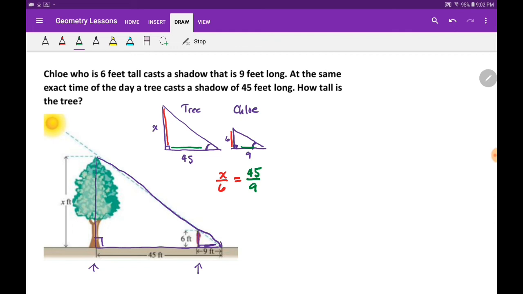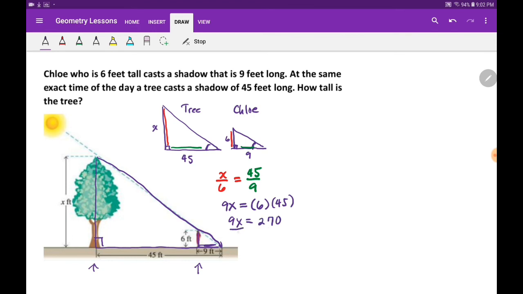Now, once I have set up my proportion, I can do my cross product property. I always like multiplying by the variable first. 9 times x is 9x, is equal to, I'll write it out first, 6 times 45. 6 times 45 is 270.